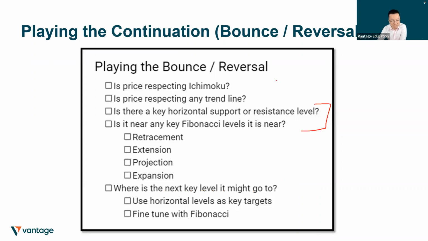Because these are your analysis, right? This one tells you trend. Okay, this one tells you trend. This one tells you, what does this tell you? If it looks to react off a support or resistance level, or reacts off a Fibonacci, what does this tell you?